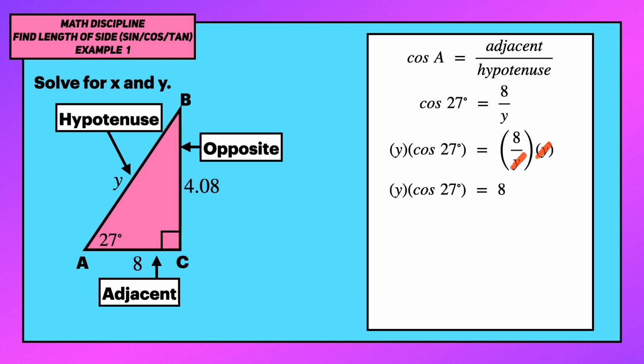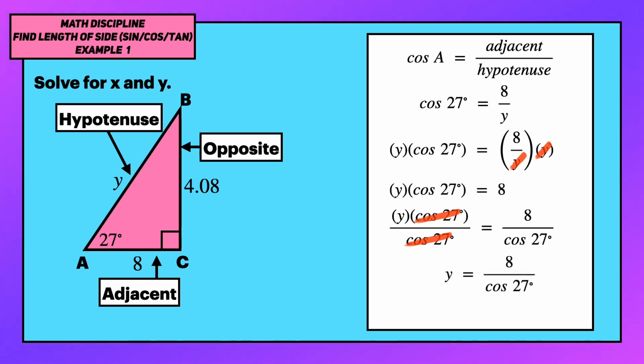And whatever we do to one side of our equation, we must do to both sides. So we divide both sides of our equation by the cosine of 27 degrees. The shortcut method is to move cosine of 27 degrees to the right side of our equation and do the opposite of multiplication, which is division. So now our equation reads y equals 8 divided by the cosine of 27 degrees.